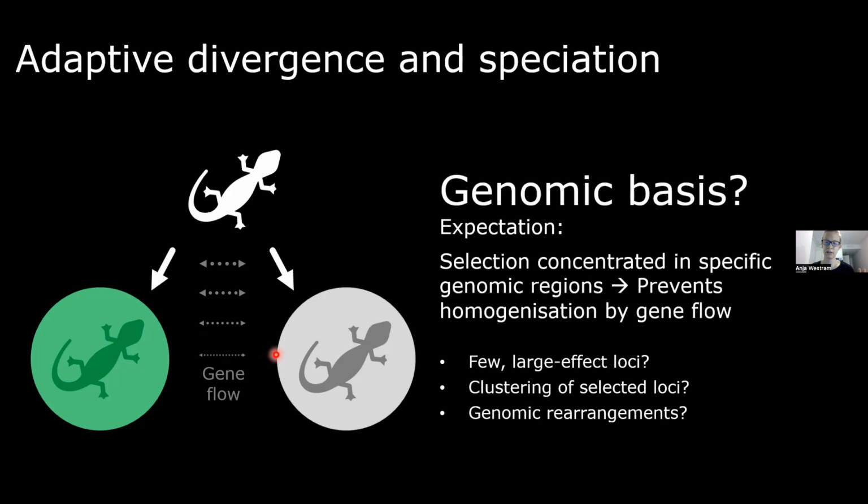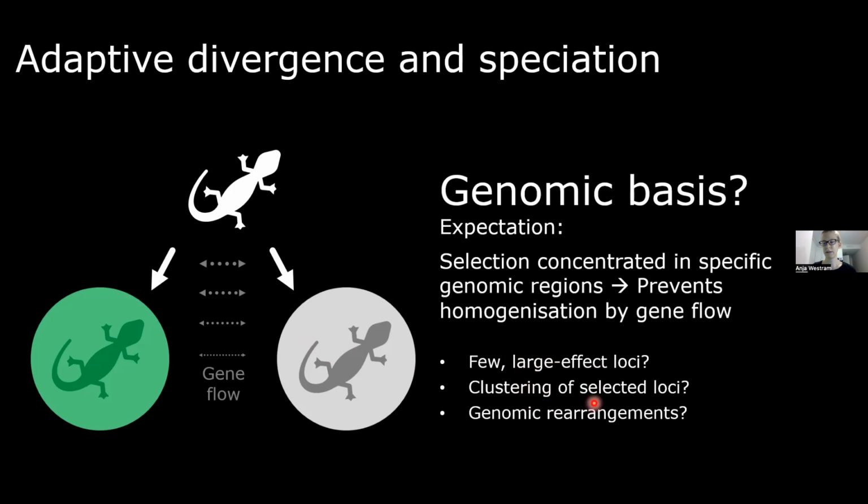If selection is relatively strong and focused on a few genomic regions, those regions are better at overcoming the homogenizing effect of gene flow than if we have just a very large number of small effect loci scattered across the genome. So in systems like this we would expect a relatively small number of loci under divergent selection that have large effects on the phenotype and that are under relatively strong selection.